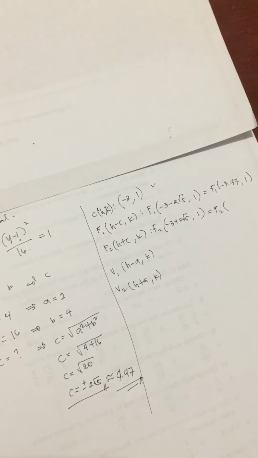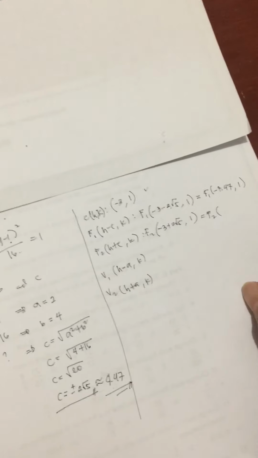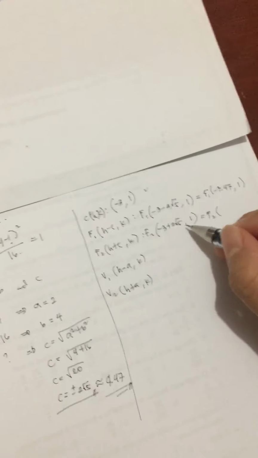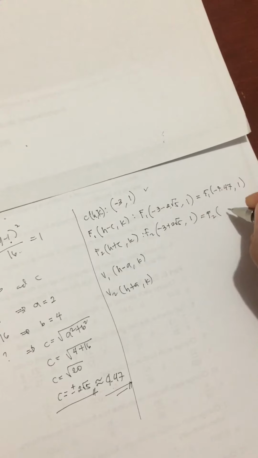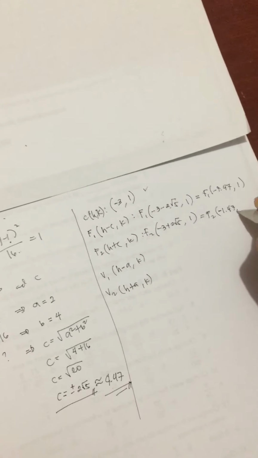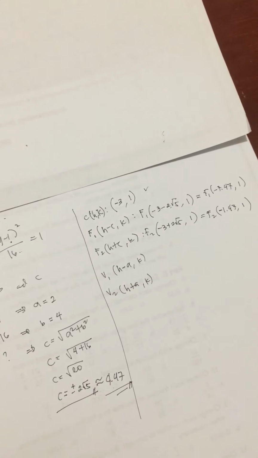Okay lang po kung decimal, no? Ganyan talaga yung buhay. Meron talagang decimal points. Dito naman, negative 3 plus 2 square root of 5. The answer would be negative 1.47 comma 1. Okay?